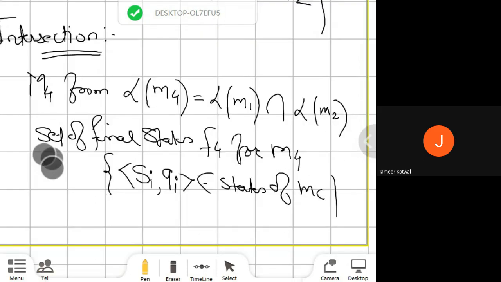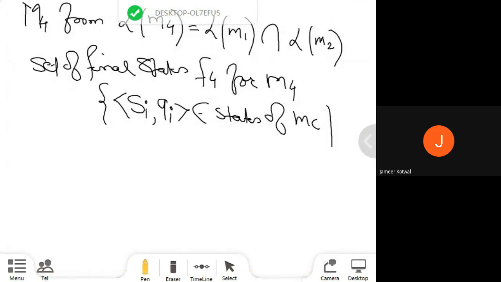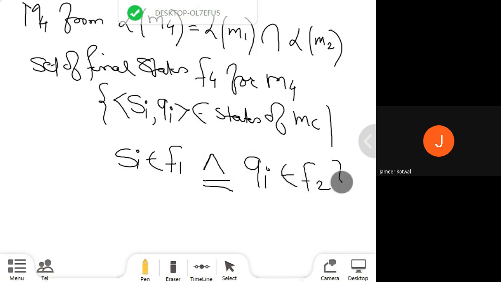In that, if a state from machine M1 belongs to the final state, that is F1, and, this is the representation of and, the state from machine 2 which belongs to F2.